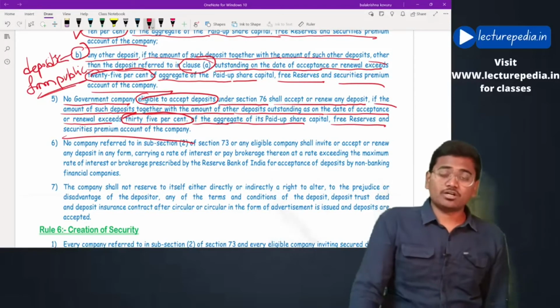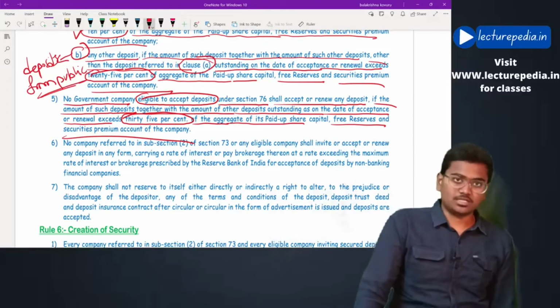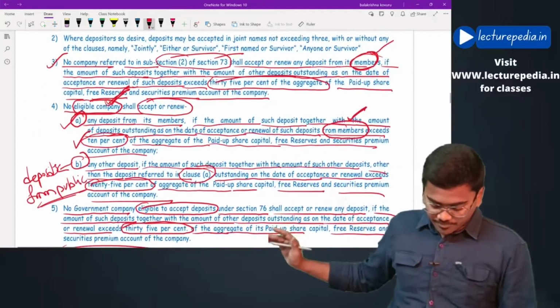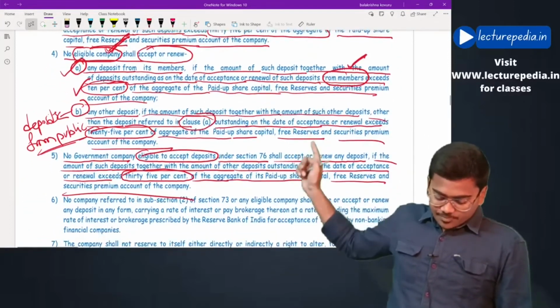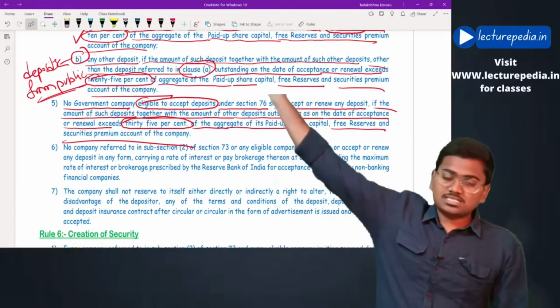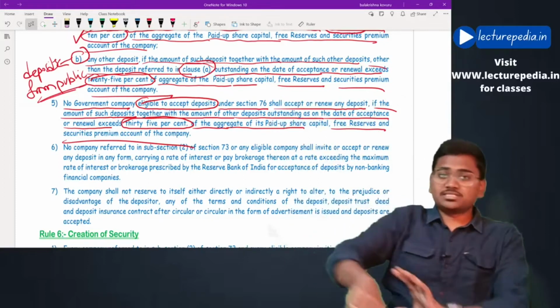Okay, in case of government eligible company it is 35%. Okay, the entire chart that we have discussed has been covered here. Subsection 3, subsection 4, subsection 5, these 3 points we have discussed in the form of the chart. Hope this is clear.